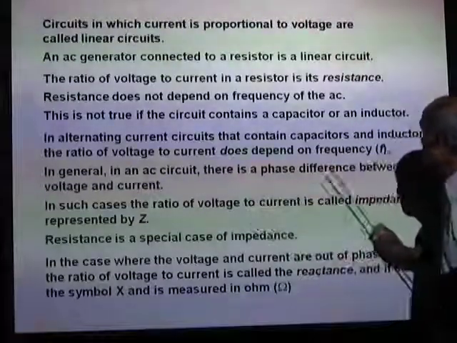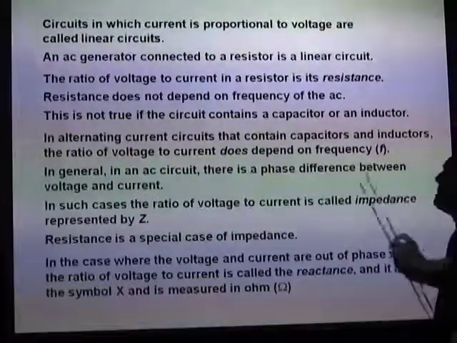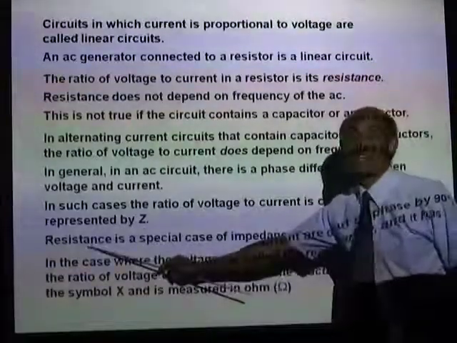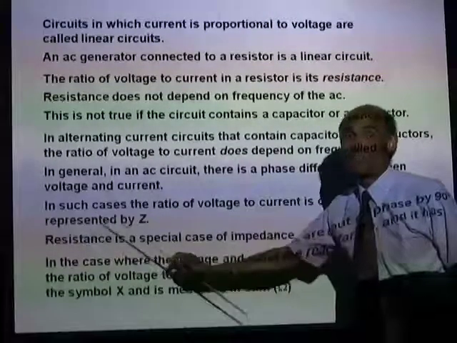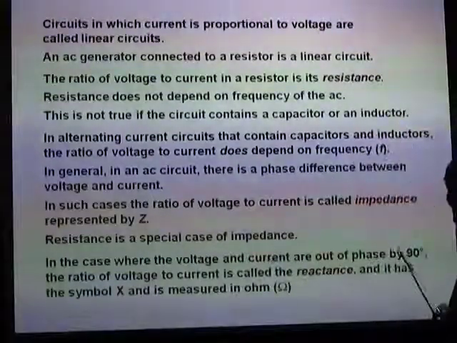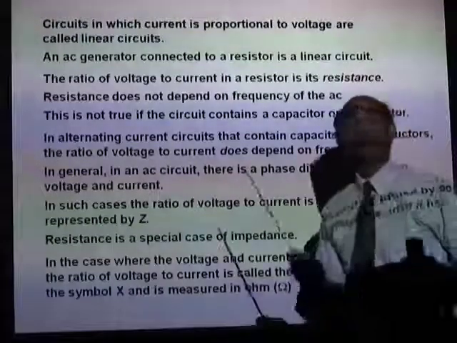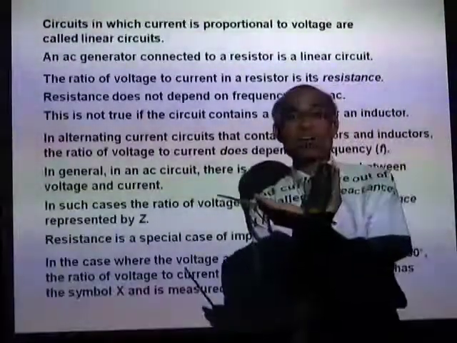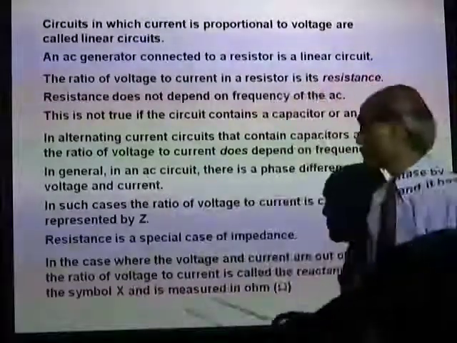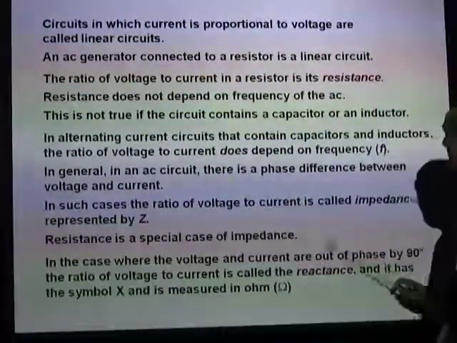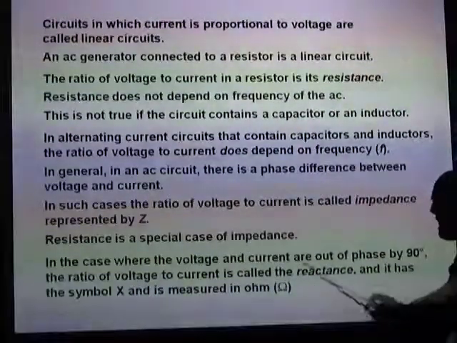Where the phase difference is 0, that impedance is called the resistance, and that is the case of the resistor. If the phase difference is 90 degrees, that means the voltage and current are out of phase by 90 degrees, then that impedance is called the reactance.